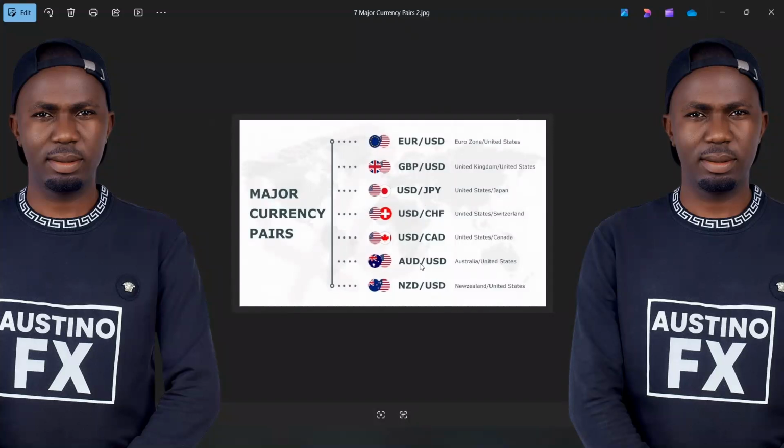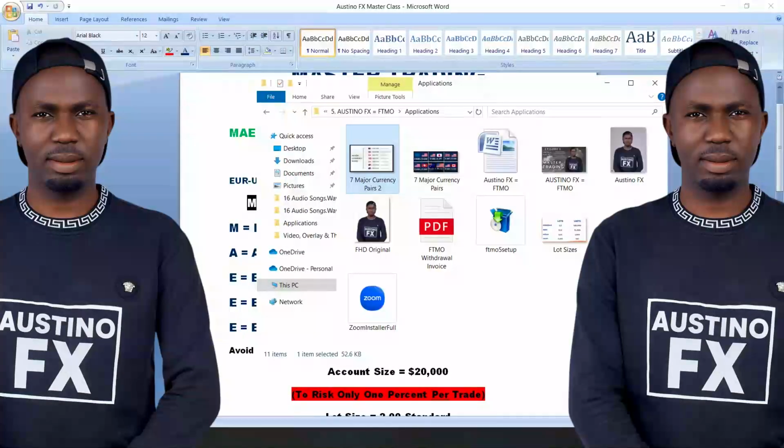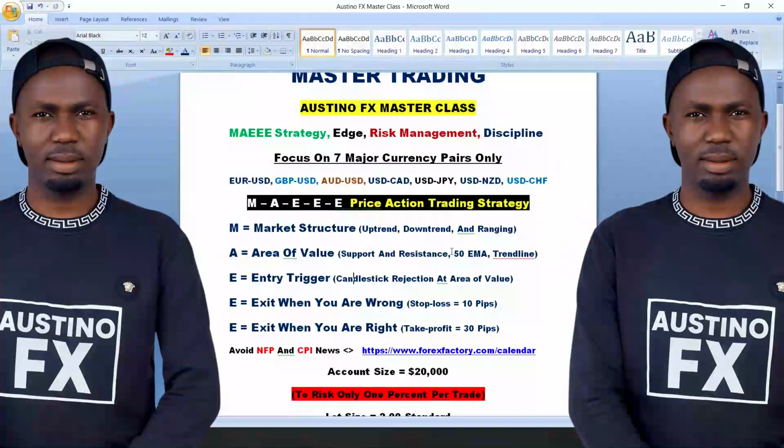Then the AUD/USD is the Australian dollar against the US dollar, while the NZD/USD is the New Zealand dollar against the United States of American dollar. So these are the major pairs that I trade. There are 7 in number.